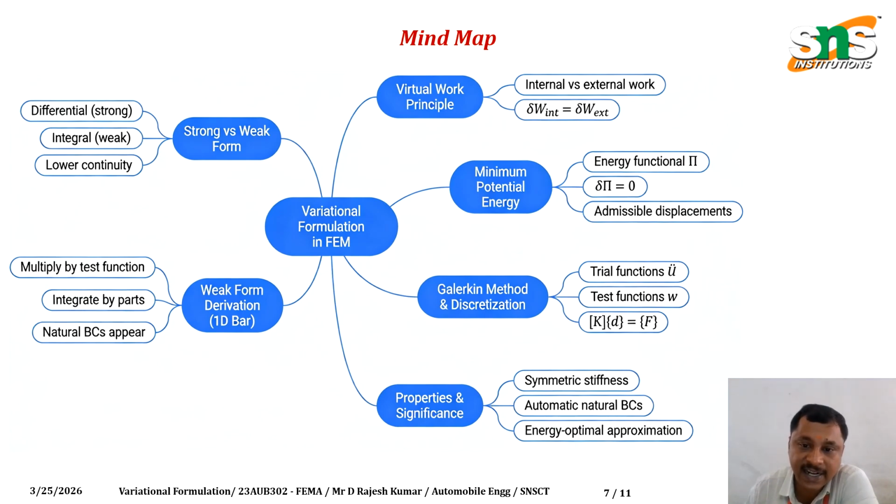And Galerkin discretization, where the trial function, test function and stiffness are discussed. Finally the properties and significance: symmetric stiffness, automatic natural boundary conditions and energy approximation.